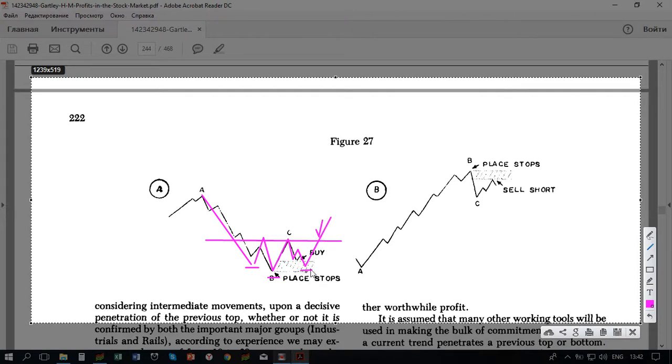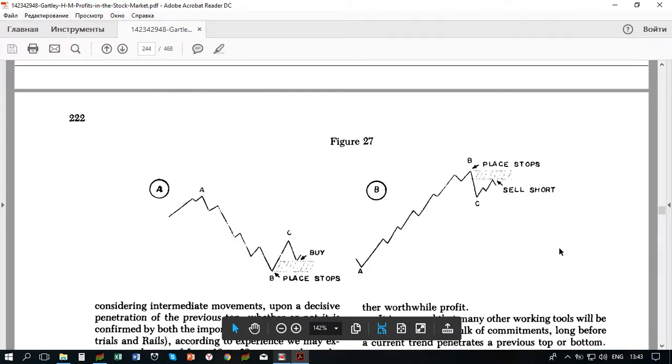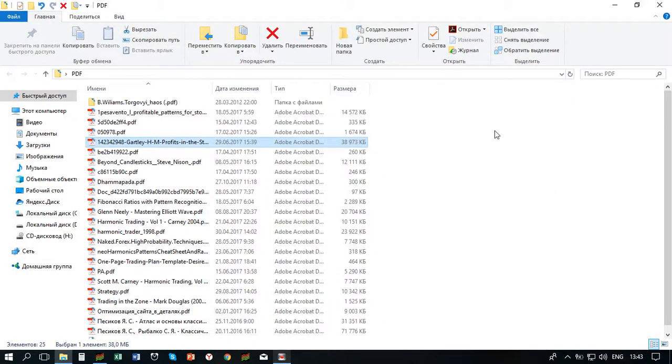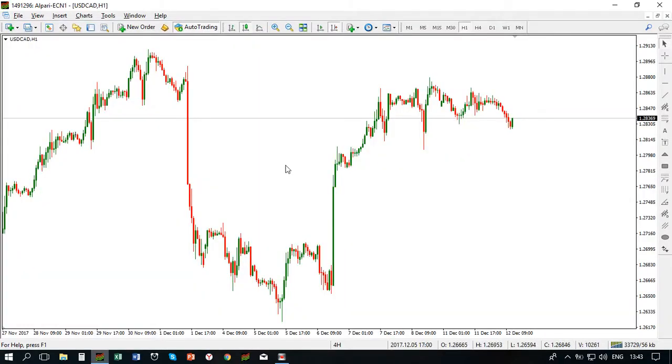You have the opportunity to buy the right shoulder, so you are buying very low. The Gartley is telling this. So before you start measuring the Fibonacci 618 ratios, before you start arguing, oh Alex, your C point is not that, your B point is not that, your ratio is not this, first of all you should learn the structure of the pattern. Learn it, and then we will talk.